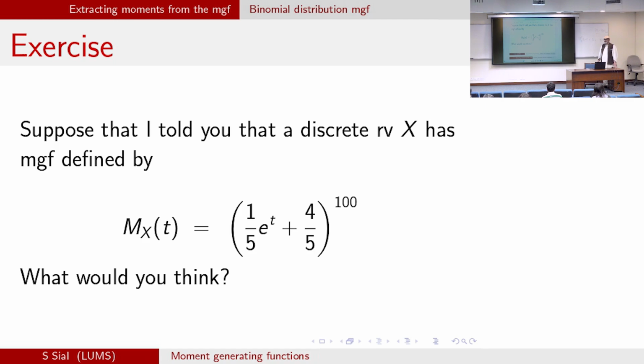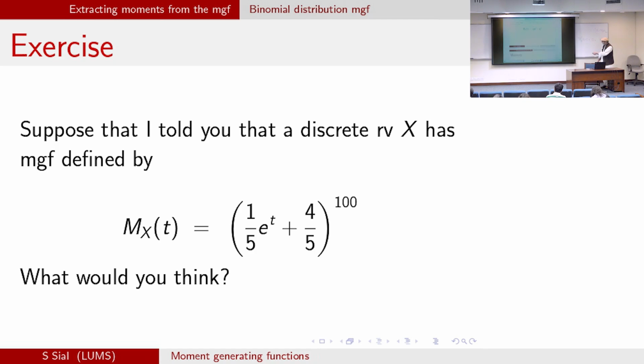What does it remind you of? Oh, okay, look. If I call this P, 1/5, and that's 1 minus P, I could call that Q. So if P is 1/5, that would be P e to the t plus Q, and I could call N 100.